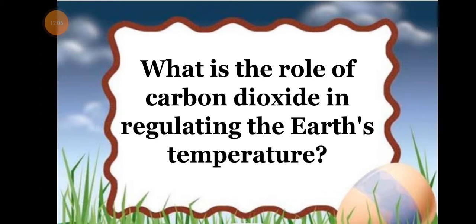Now, carbon dioxide absorbs the heat radiated by Earth. The heat is then slowly released into the atmosphere, keeping the temperature warm even at night. So when the sun's heat is not received, this carbon dioxide helps in maintaining an optimum temperature of the atmosphere for the existence of life. This is known as the greenhouse effect.